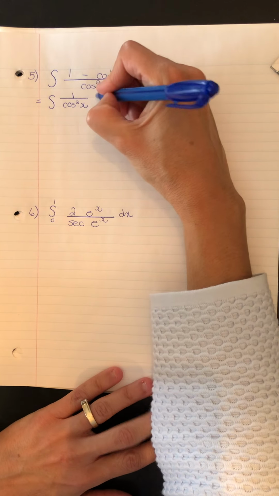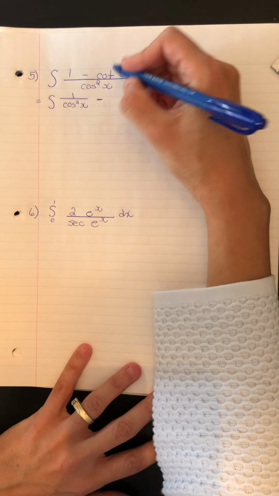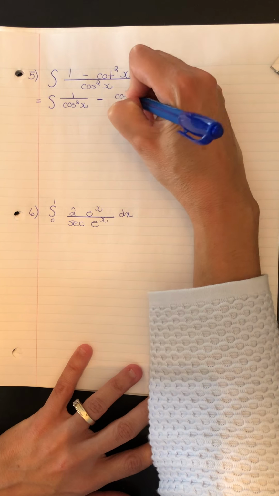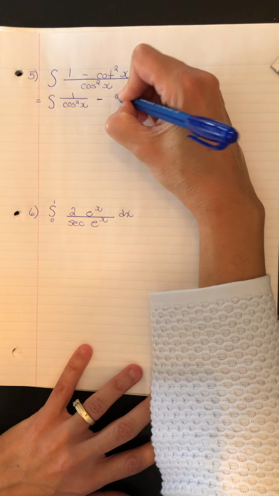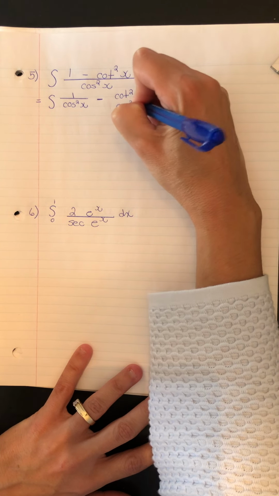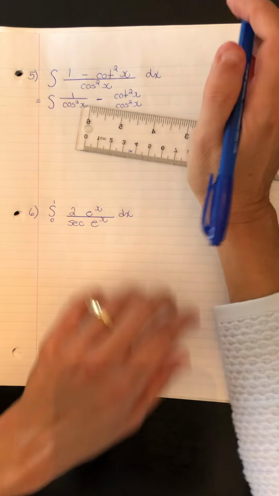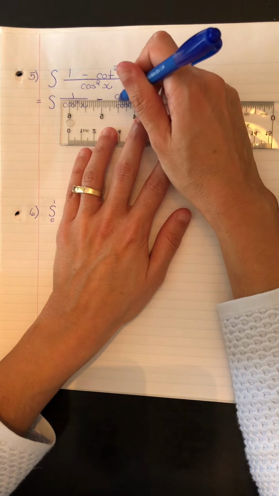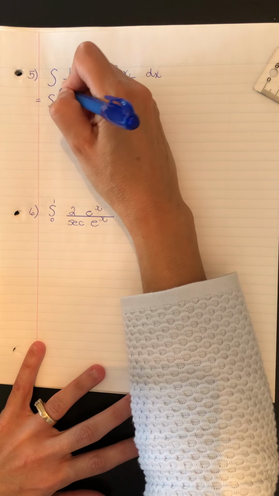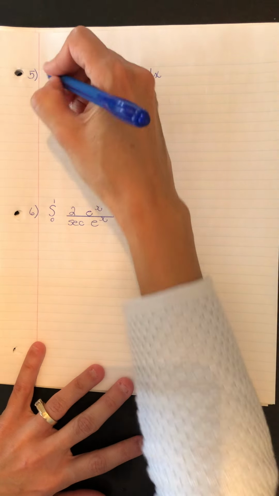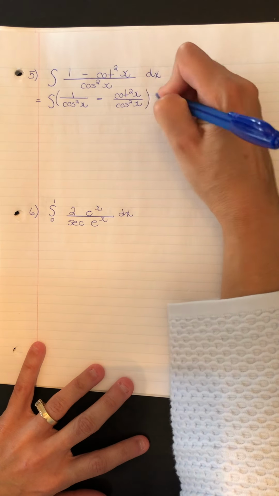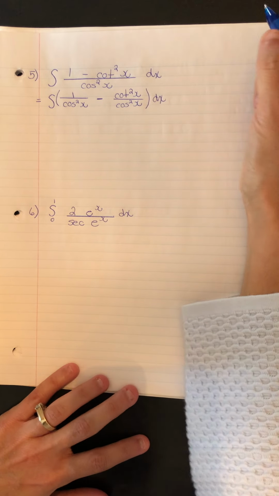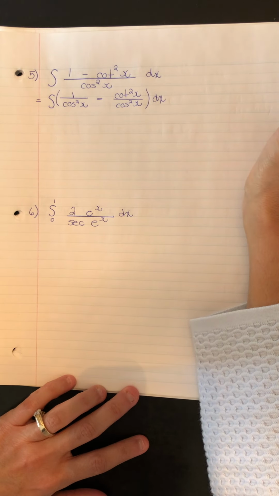Then we'll have a minus sign, and the second fraction will be cotangent squared x divided by cosine squared x. So each term in the numerator is divided by cosine squared x.